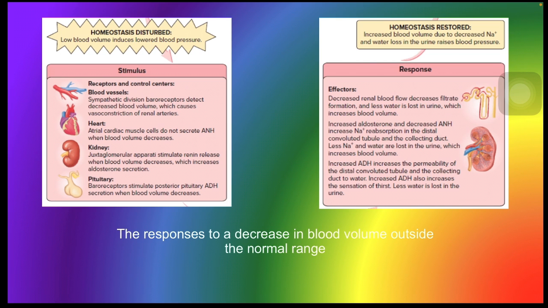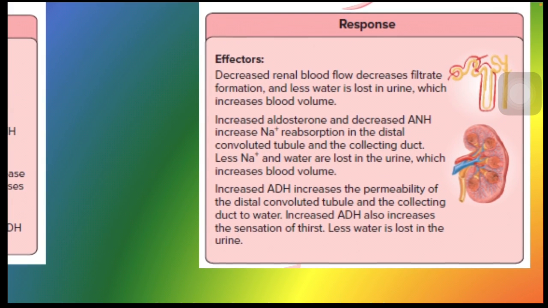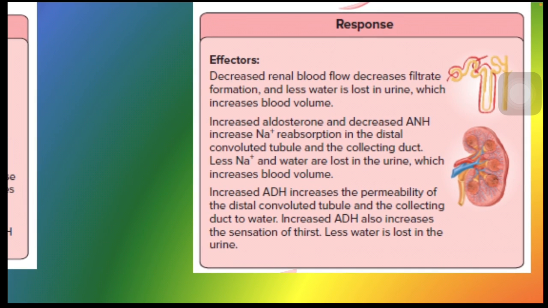Receptors and control centers are the blood vessels, heart, kidney, and pituitary. And lastly, as a response, the effectors: decreased renal blood flow decreases filtrate formation and less water is lost in urine, which increases blood volume.